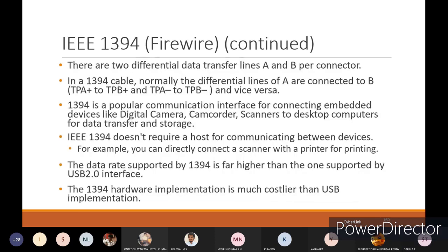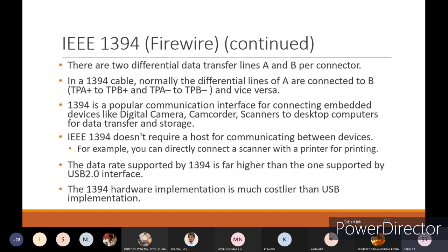Okay. Then there are two differential data transfer lines, that is A and B, as per the connection. And in the 1394 cable, normally the differential lines of A are connected to B, that is TPA plus will be connected to TPB plus, and TPA minus is connected to TPB minus. Okay, and vice versa.